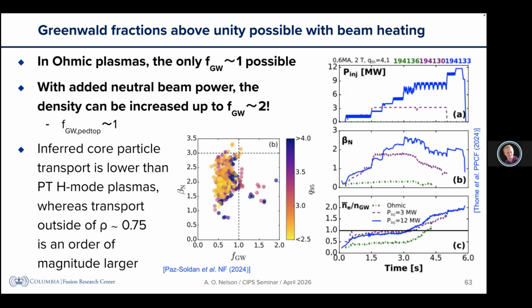It's an empirical scaling, very simple: I_p over pi times minor radius squared. But more complicated theories to describe it haven't really borne too much fruit. But yeah, in NT, with higher beam power, probably because of the inferred particle transport, you have more particle transport. You're flushing out more density all the time, and so you can get to a higher stable number.